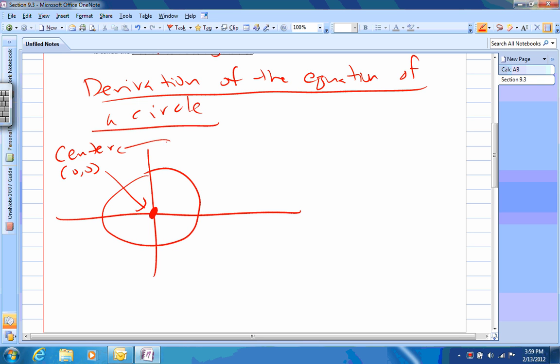Remember, that's your fixed point. Let's call that x comma y. That's a random point on the circle.